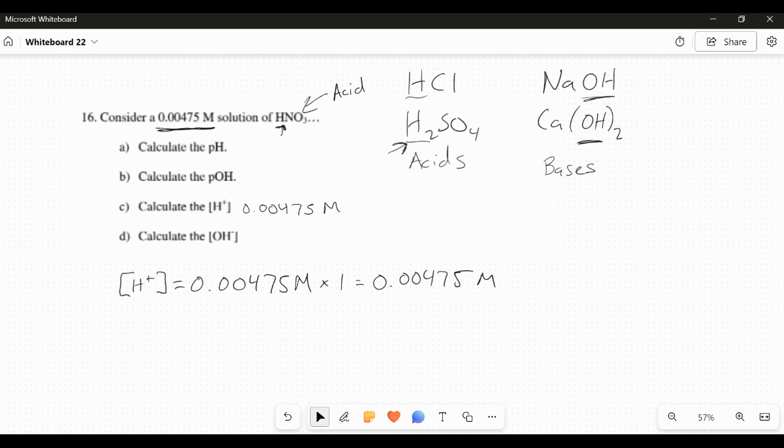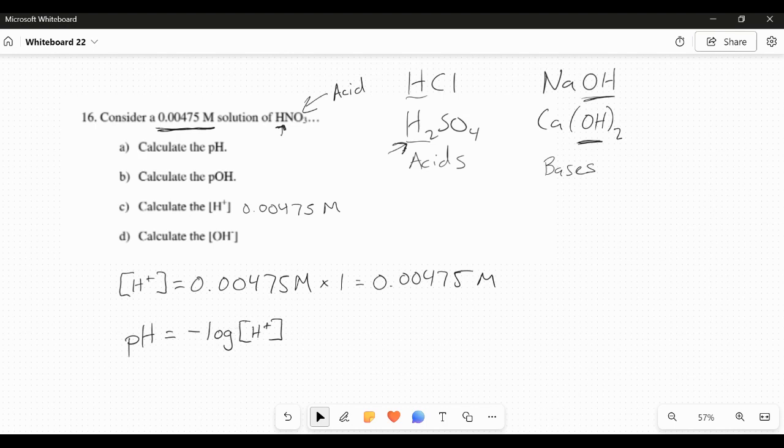The most straightforward way is to take this concentration and convert it to pH. And that's because pH is equal to the negative log of the concentration of hydrogen ions specifically. Now, if you're not familiar with logs, don't worry. It's just a different kind of mathematical function. So I'm going to pull up my calculator and clear it off.